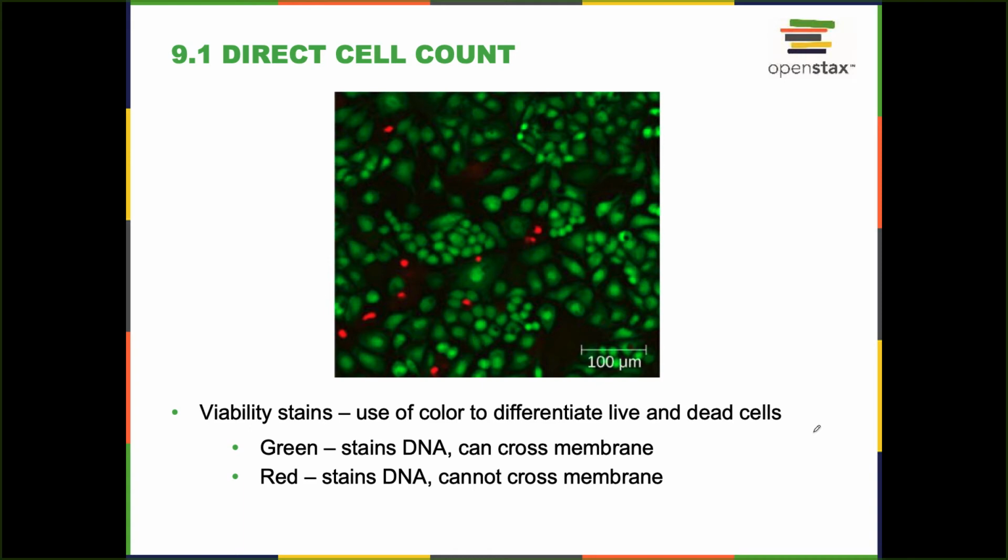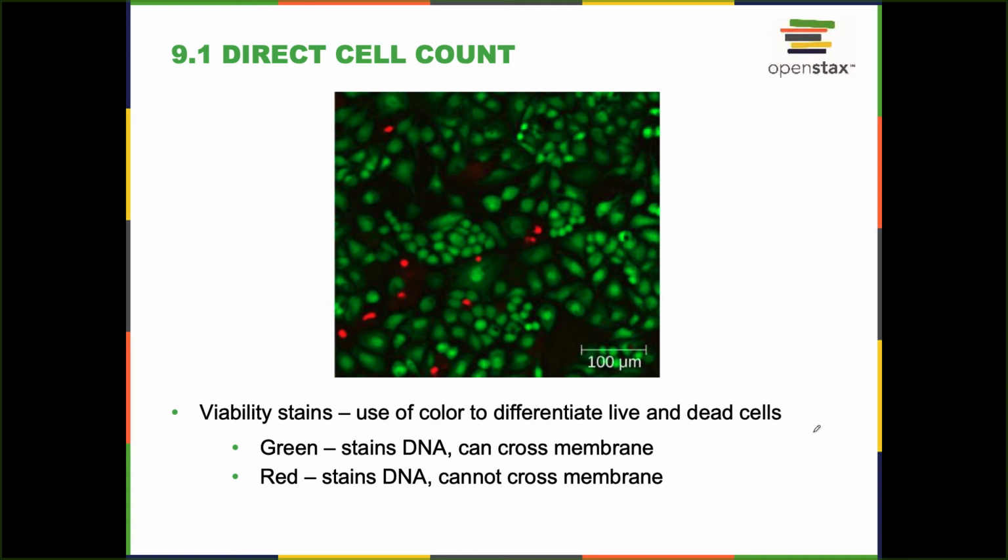The green stain will stain DNA, and it's a small hydrophobic stain, so it actually can cross membranes, right? So this little green stain will cross membranes, right? So it'll stain DNA, right? The red stain also stains DNA, but it cannot cross membranes, right?